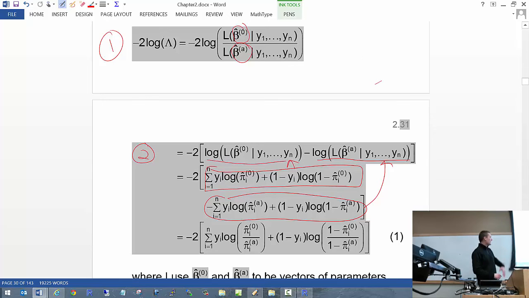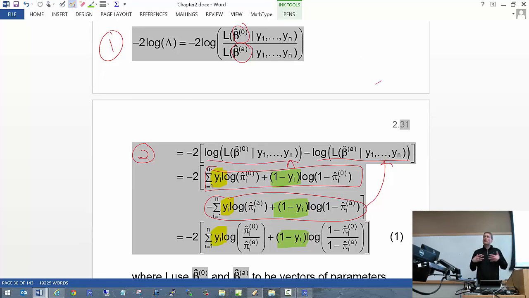I've distributed in that minus sign. So you can look back in your notes previously when we've looked at the likelihood function, log likelihood function before. And notice we have some terms that have things in common. So notice how I have a y there, I have a y there, so we can combine those terms. Also, we'll be very colorful today. I have a 1 minus y here, I have a 1 minus y here, and so I combine the terms there. And so you can see then basically what this likelihood ratio test is doing is comparing two estimates of the pi's.